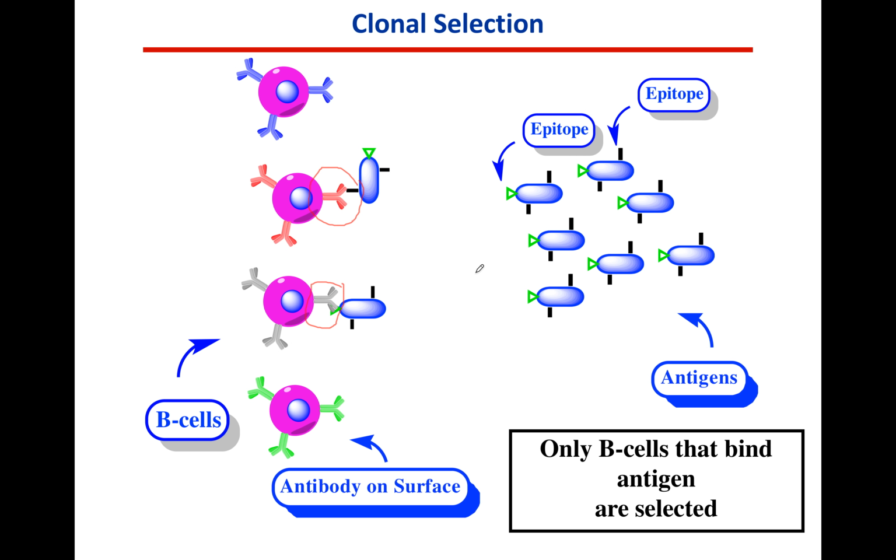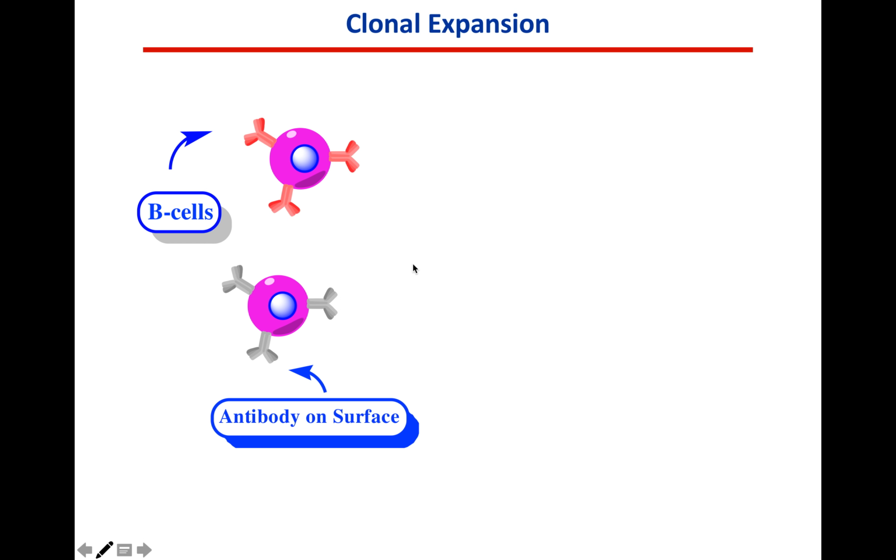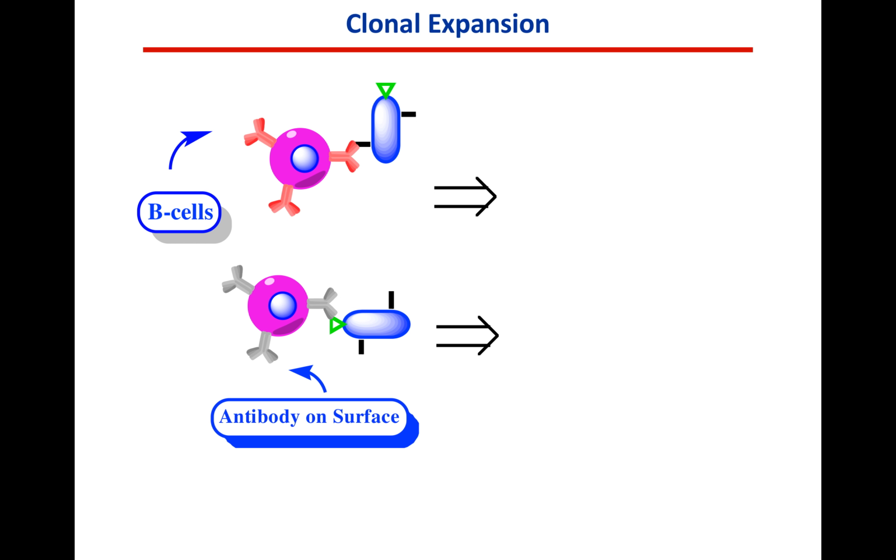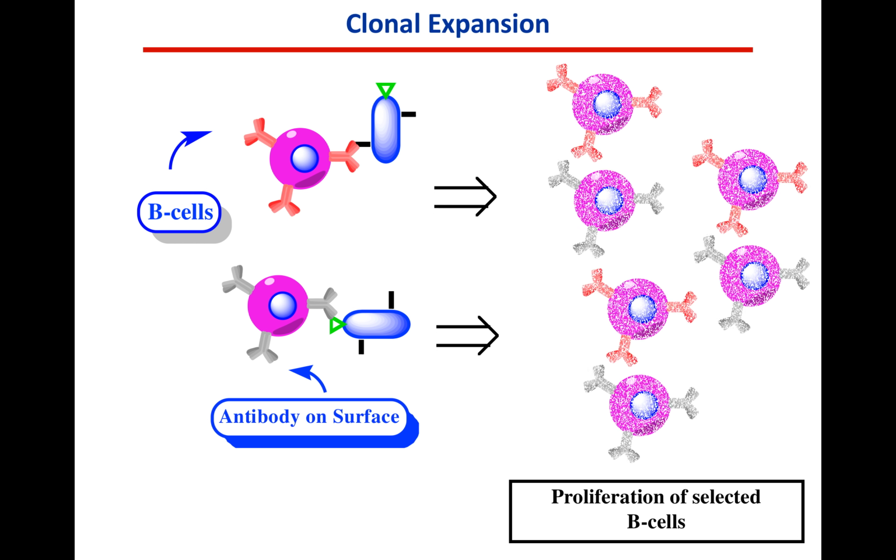Each B cell can produce one particular antibody that binds one particular type of antigenic determinant. You have millions of these. That allows the system to select the B cells that can bind, and those that are selected can be induced to proliferate and make more of those cells. And so these are clonally selected and clonally expanded.